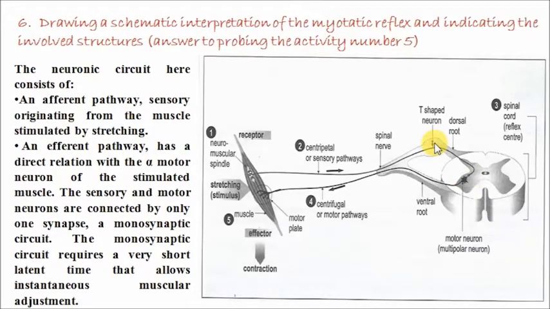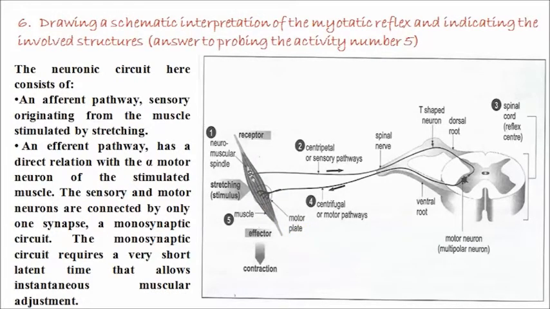And the cell body of the sensory neuron, as I had said, is found in the spinal ganglion. Now, the motor neuron is going to go down the ventral root. The ventral root is motor. Here, spinal nerve. This direction is a centrifugal or motor pathway reaching the extrafusal part of the muscle, forming what we call the motor end plate.